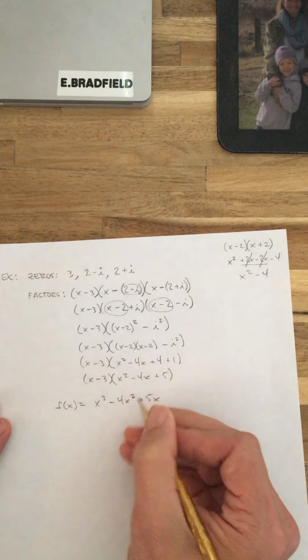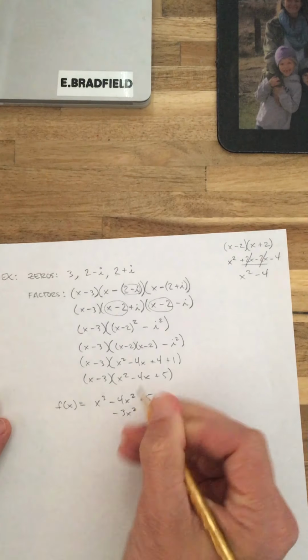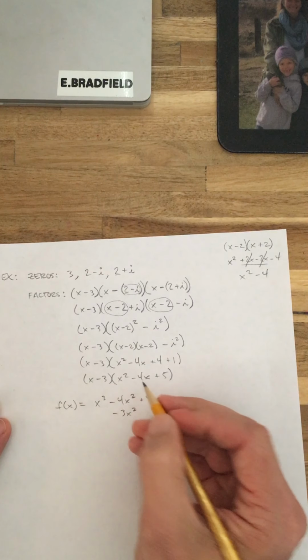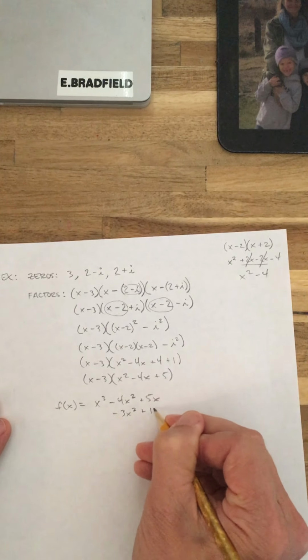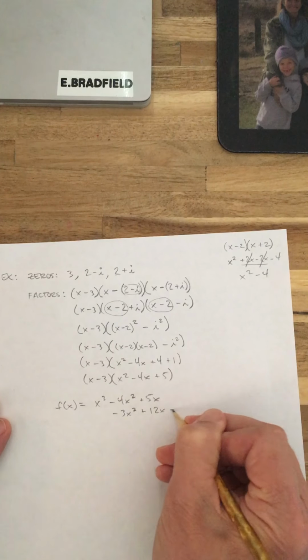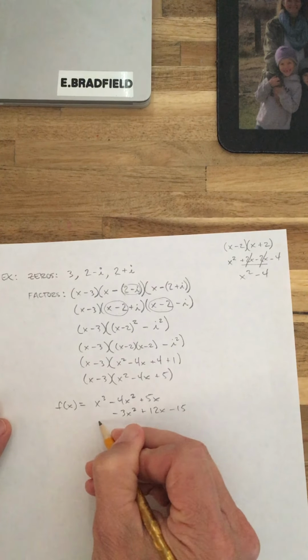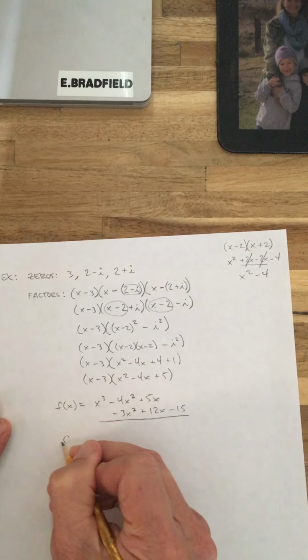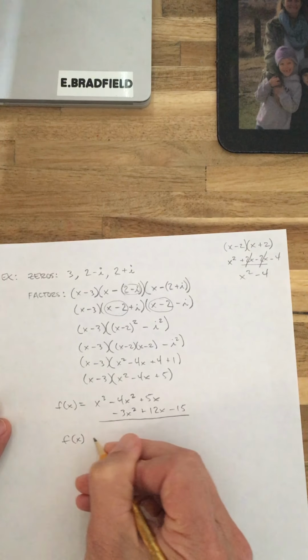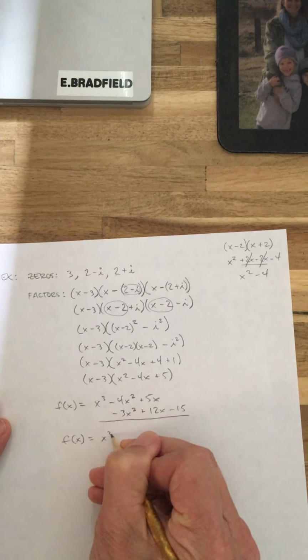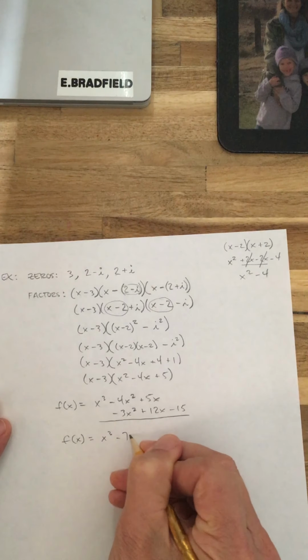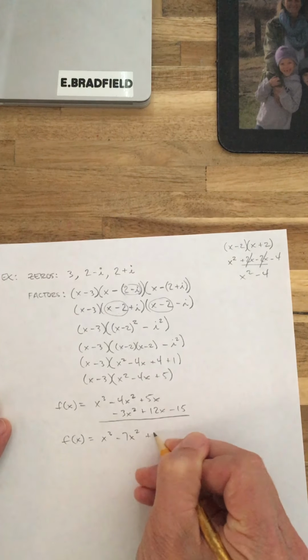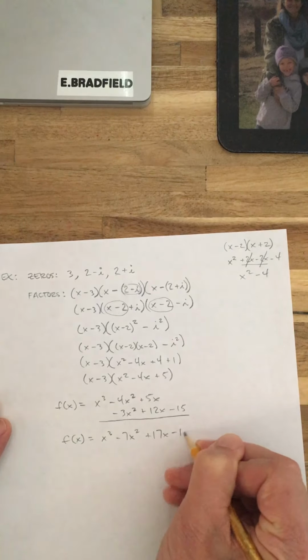Negative 3 times x squared is negative 3x squared. Negative 3 times negative 4x is positive 12x. Negative 3 times 5 is negative 15. And I'll go ahead and do this. f of x equals x cubed minus 7x squared plus 17x minus 15.